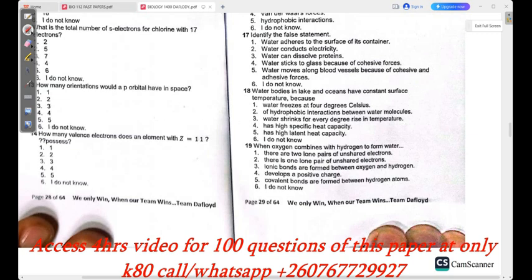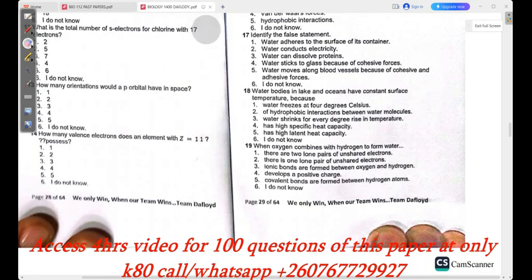You know that an ocean is a very big body of water. The heat from the sun reaches the surface of the water in the lake, but this water will not change its temperature. What makes it so? It takes a lot of energy for the temperature of water to change.